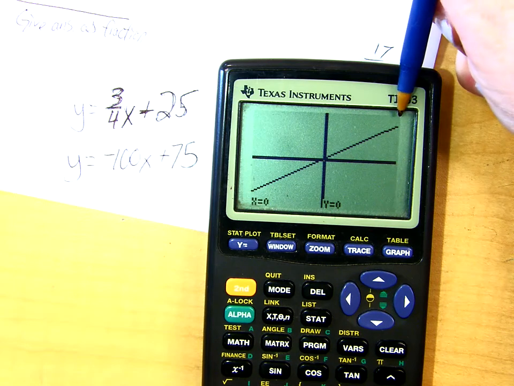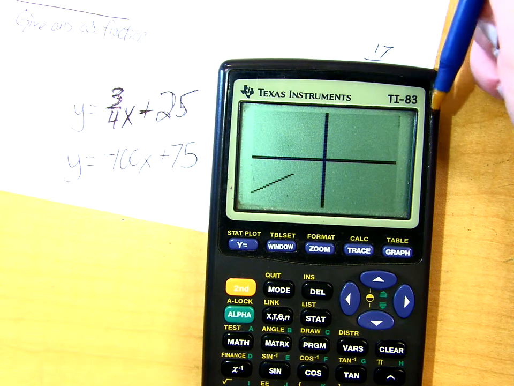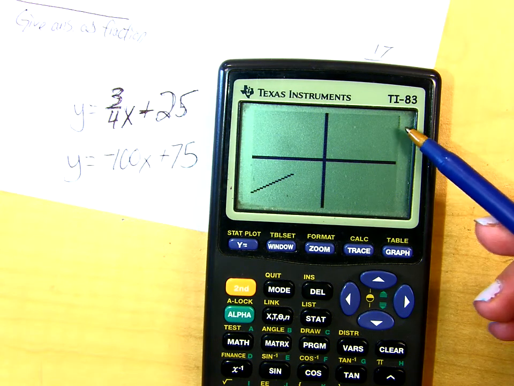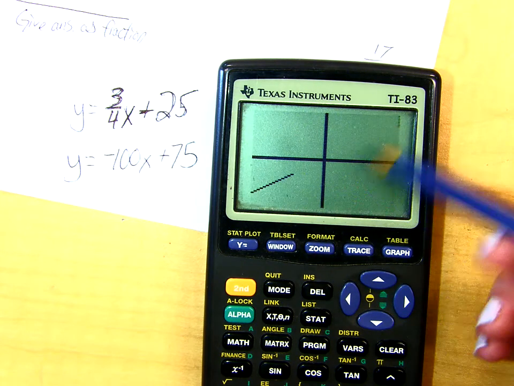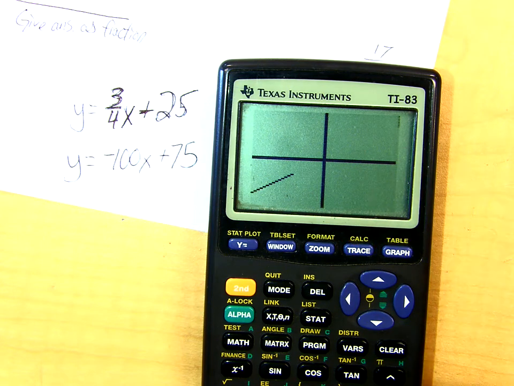Look where the pen tip is, see how it's scrolling? That's like, hey, I'm working here. If you touch something, see how it turned into these dots? I paused it. I can't tell you how many times kids say my calculator's broken, and I'm like, no, you paused it. You unpause it by hitting enter.